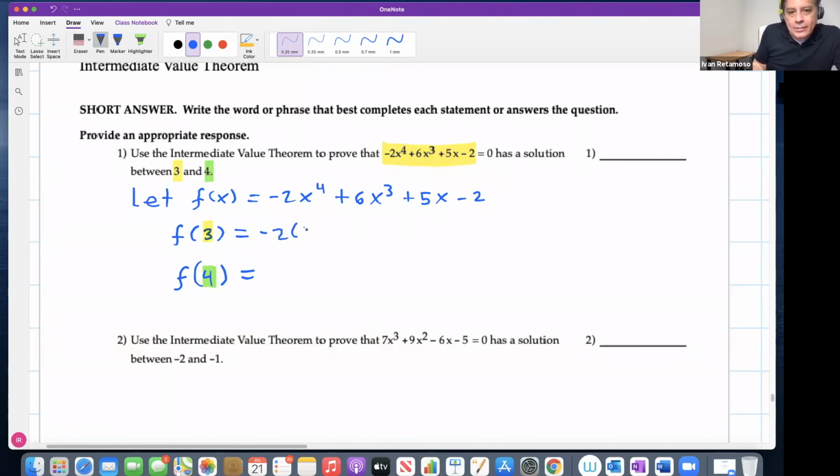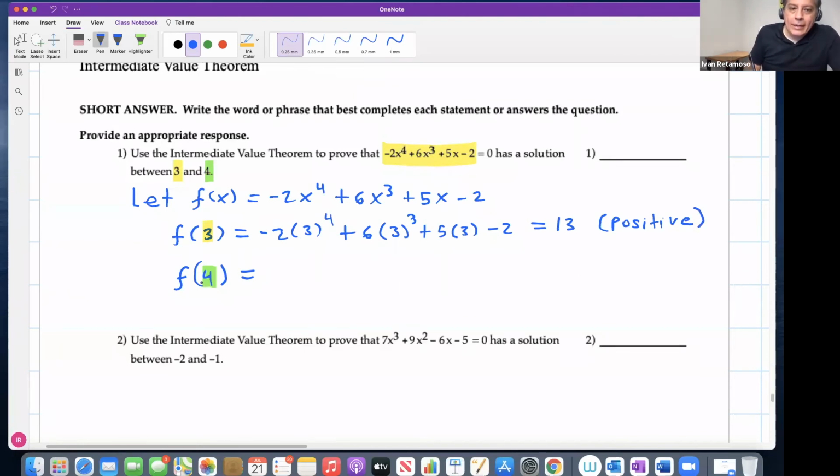The evaluation at this guy is this, cubed plus 5 times 3 minus 2. And if you put this in your calculator, you're going to get the number 13, which is positive.